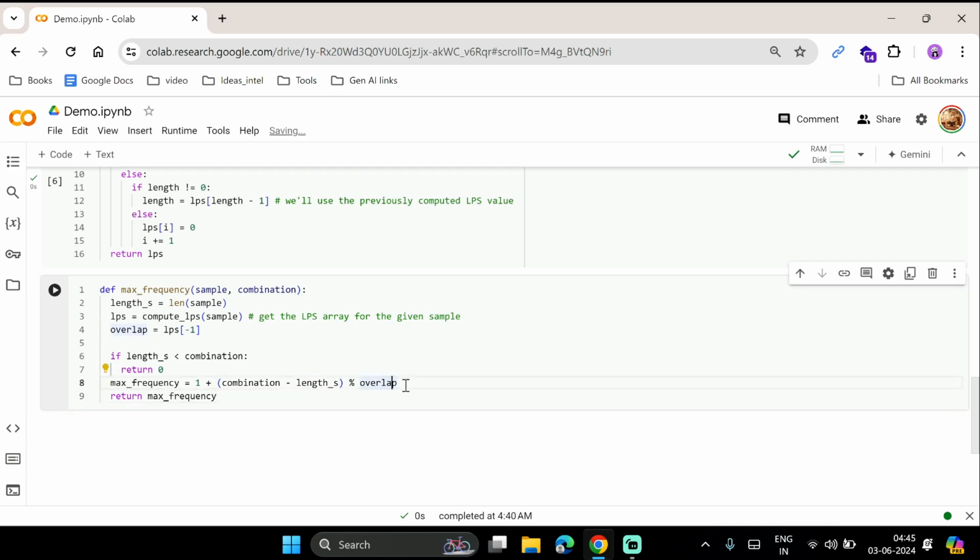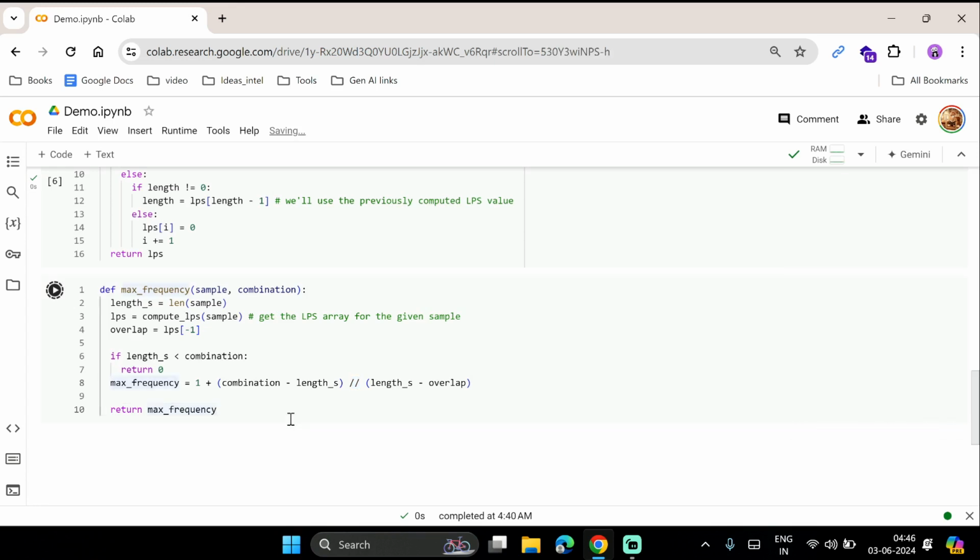It's not overlap, it's length of S minus overlap. Yep, length of S minus overlap. And then return the frequency. So this is integer division, which is done when we want to do integer division. So this more or less looks fine.